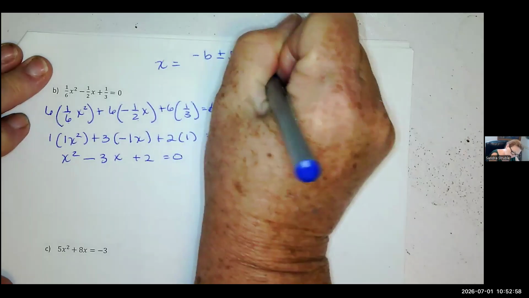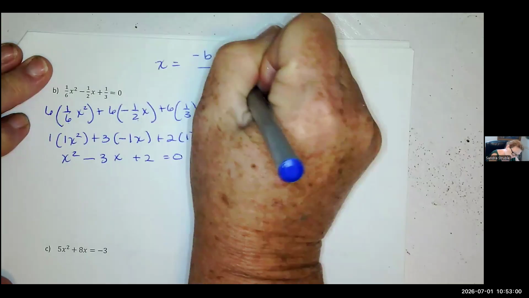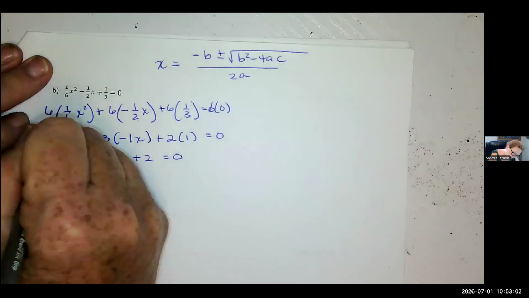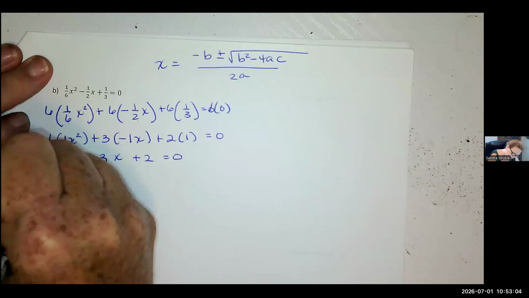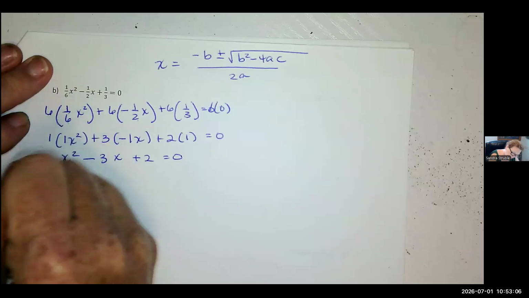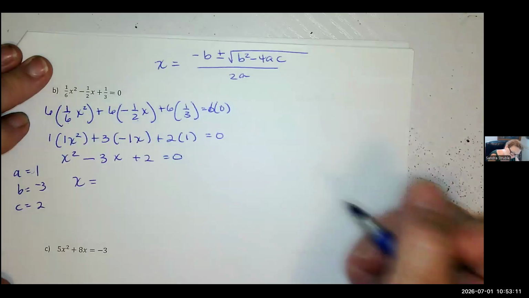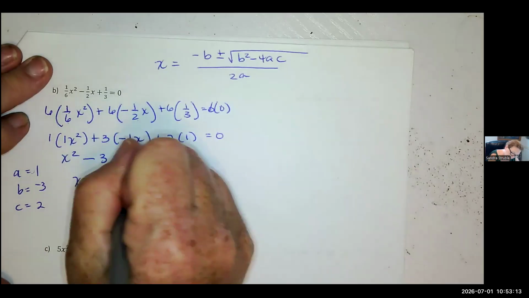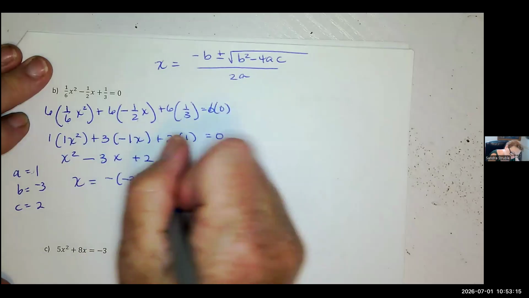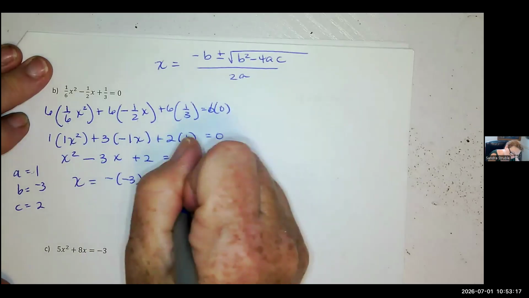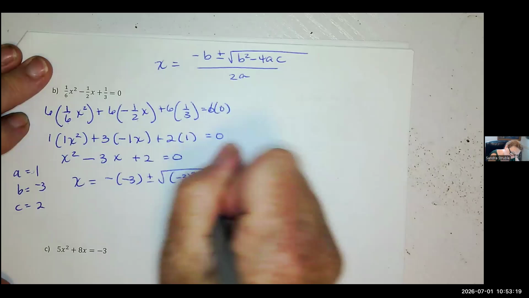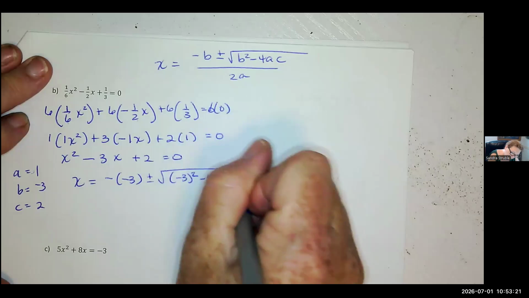All right, A is 1, B is -3, and C is 2. Now we just substitute. -b, which is 3, plus or minus the square root of b squared, put it in parentheses, minus 4ac. All of this is over 2 times a.